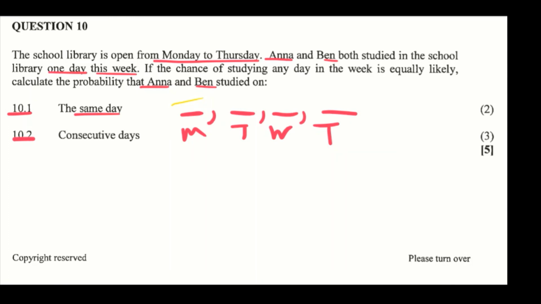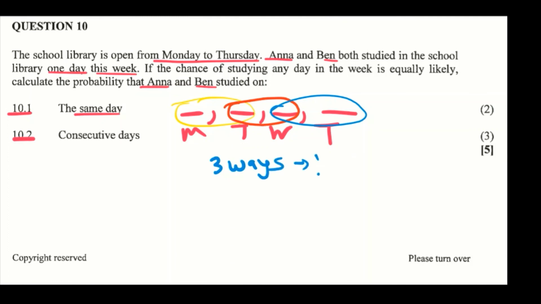Them studying on a Monday and Tuesday, or they'll study on a Tuesday and Wednesday, or they'll study on Wednesday and Thursday. So there's 3 ways. It's either Monday, Tuesday, Tuesday, Wednesday, Wednesday, Thursday, right?